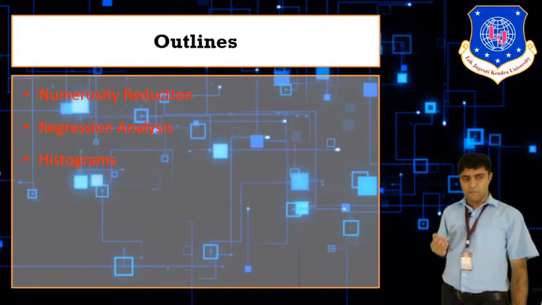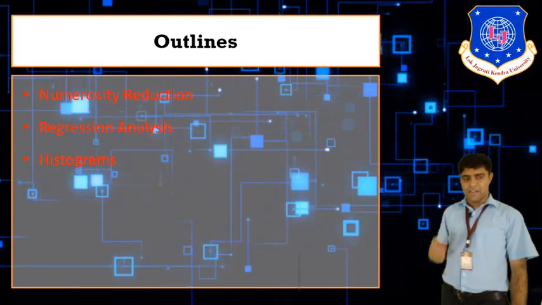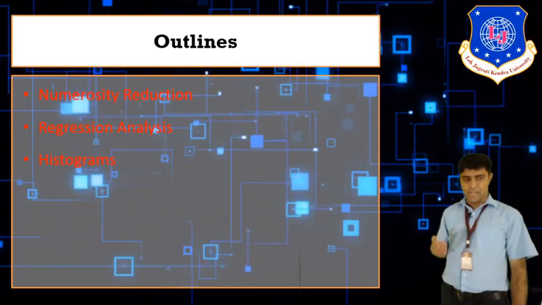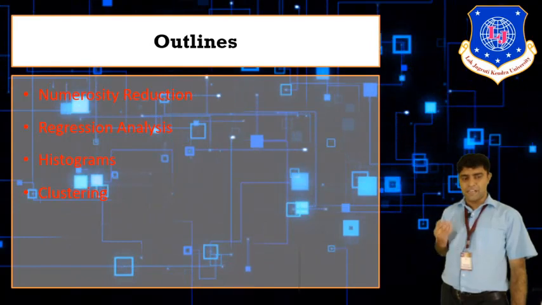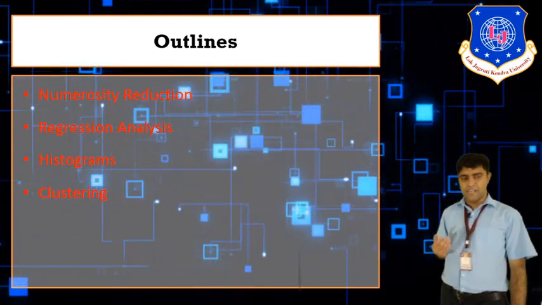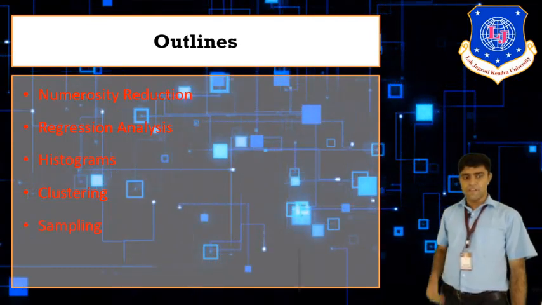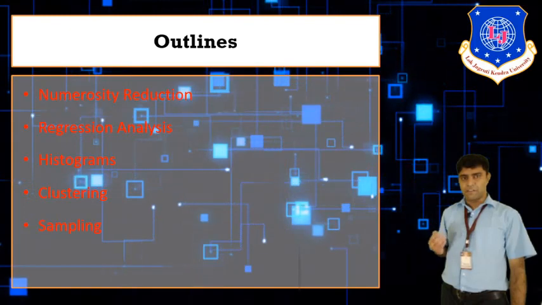Next, histograms. What is a histogram? Histograms are like a bar graph chart, based on the analysis of data. Next is clustering. Clustering is a grouping of similar data in one cluster and dissimilar data in another cluster. Sampling is a method in which data is divided into small samples.